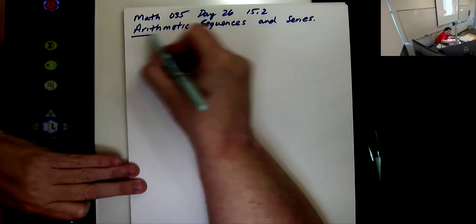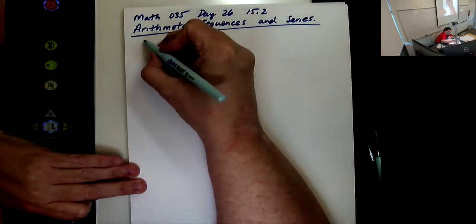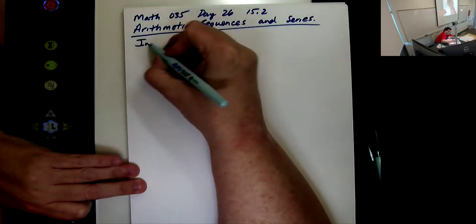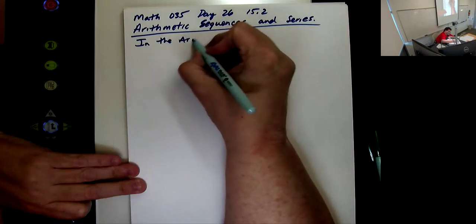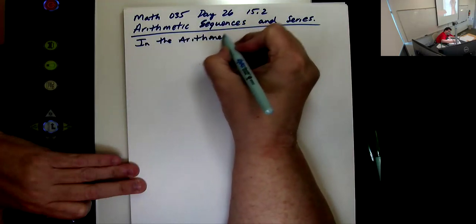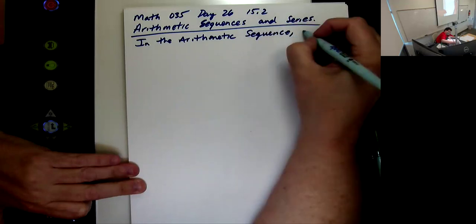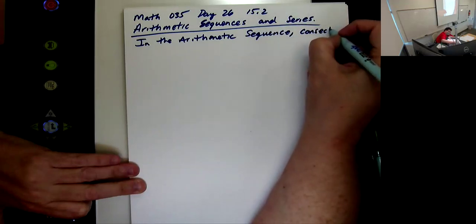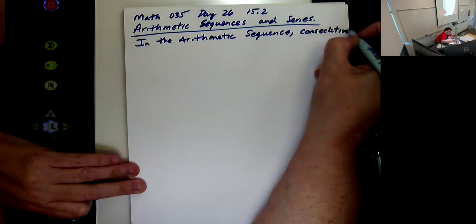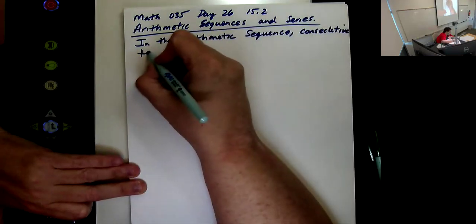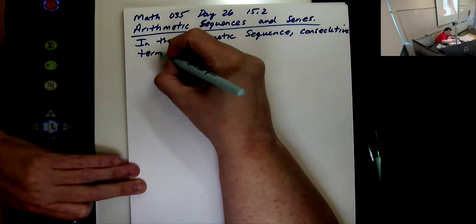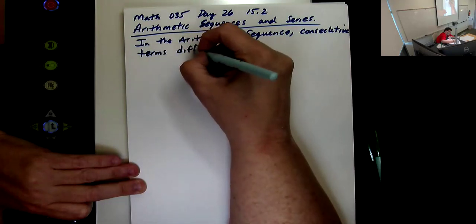So in an arithmetic sequence, consecutive terms differ by a constant.